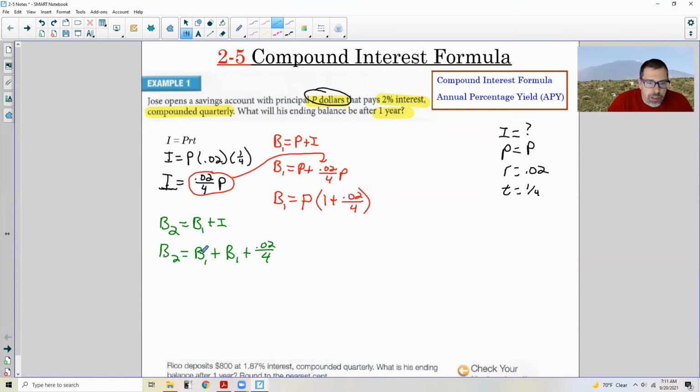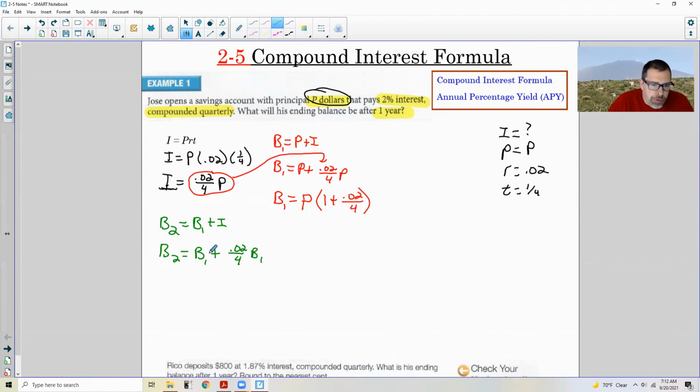So B sub 2 is going to be the principal plus B sub 1. There's no B sub 1 there. It's going to be the principal plus 1 plus, or it's going to be 0.02 over 4, but our principal this time is B sub 1. There we go.